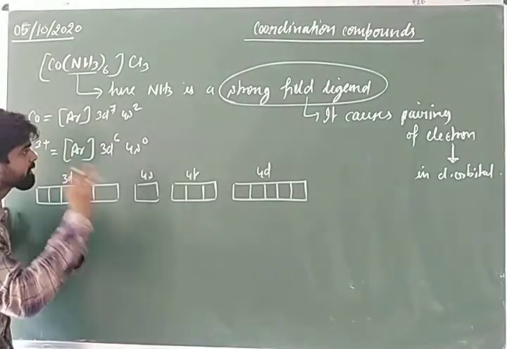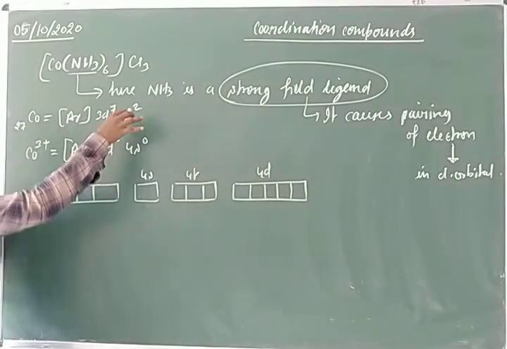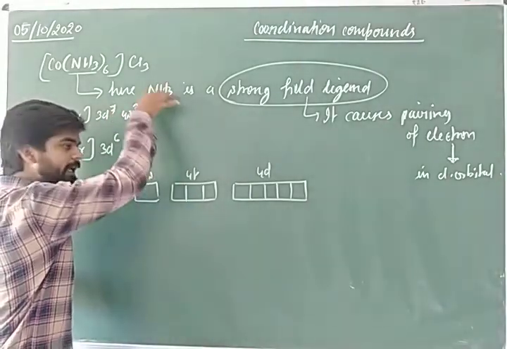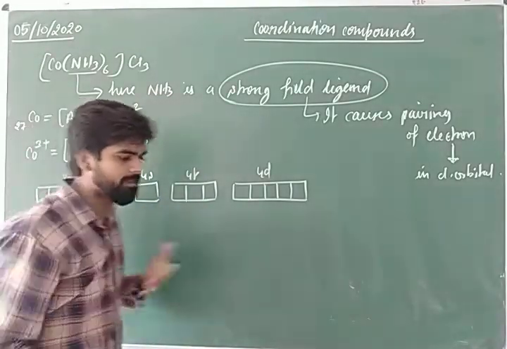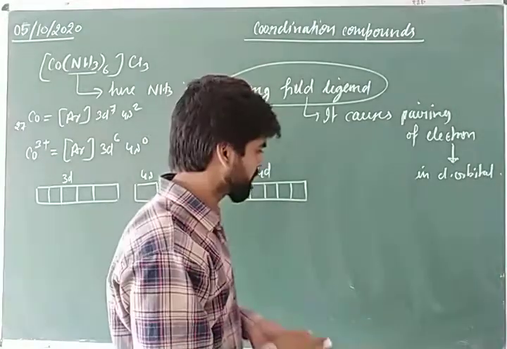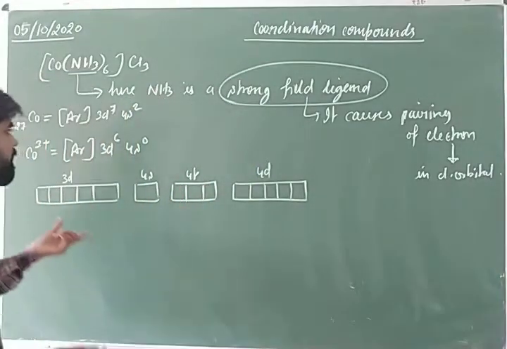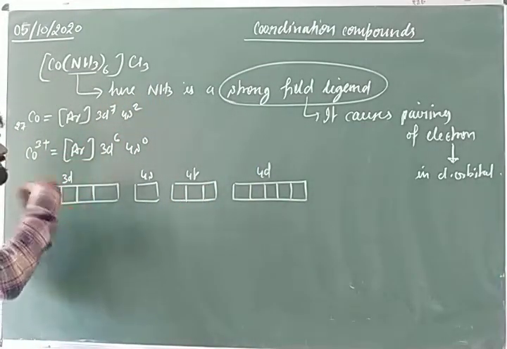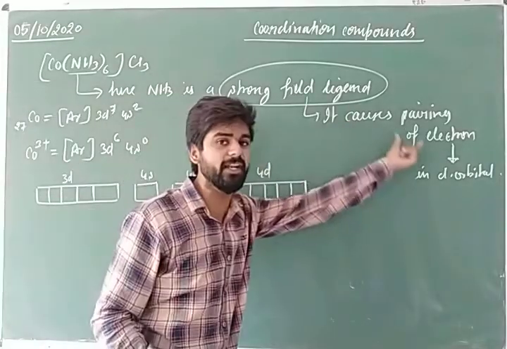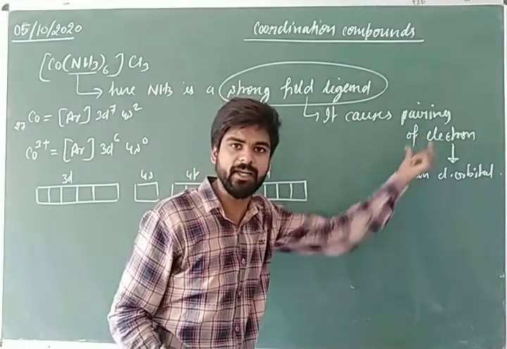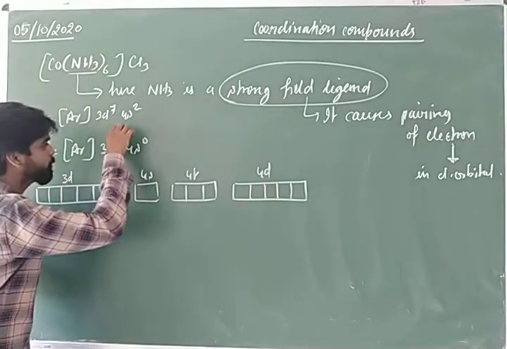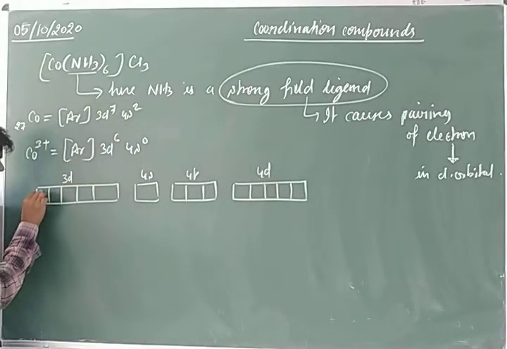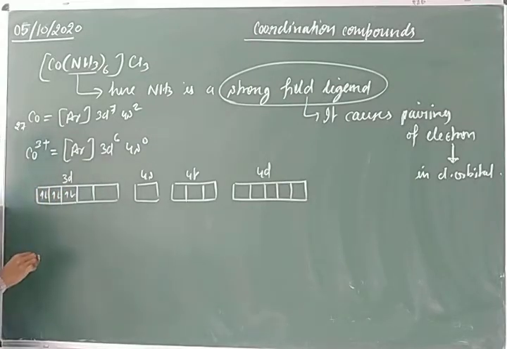If it is a weak field ligand, then you follow the simple rules like Hund's rule, the Pauli exclusion principle, and so on. All those rules are applicable for the weak field ligand. But in the case of a strong field ligand, it causes pairing of electrons. So you fill the electrons like this: 1, 2, 3, 4, 5, 6.